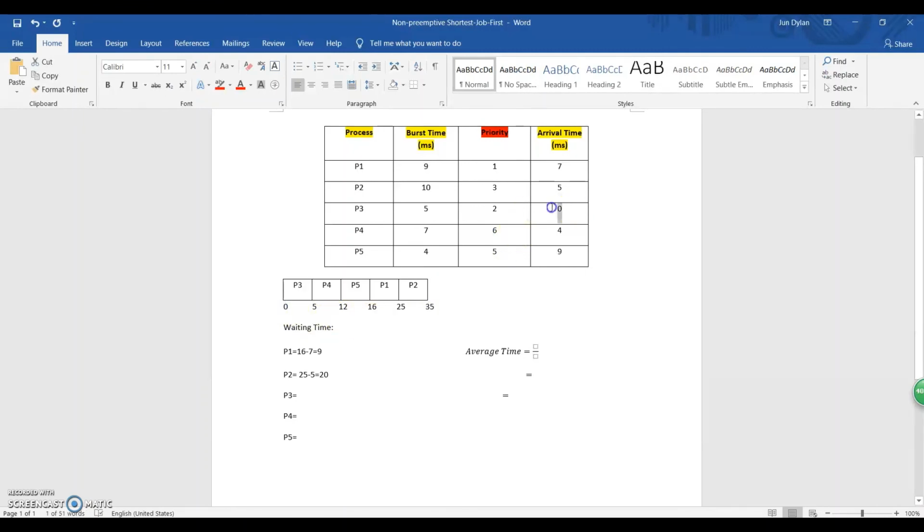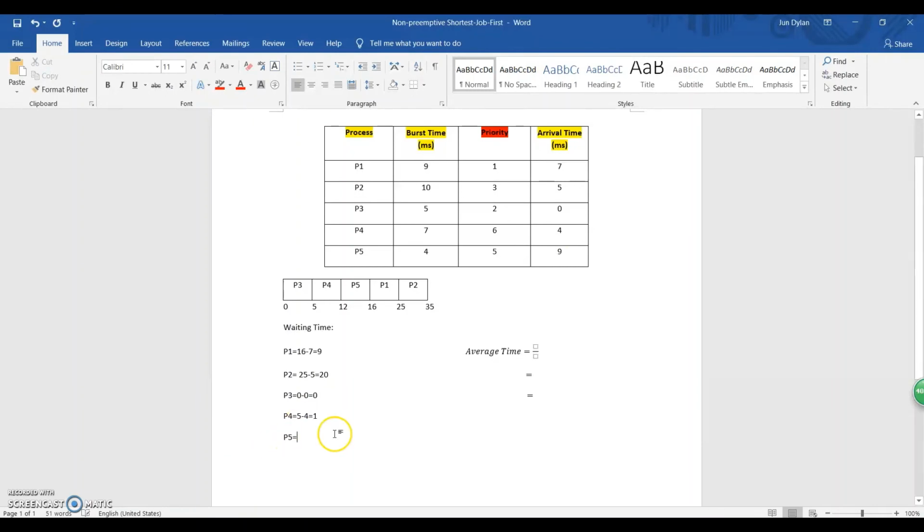Its arrival time is 0. So we take 0 minus 0 equals 0. For P4, its starting time is 5. Its arrival time is 4. So we take 5 minus 4 equals 1.